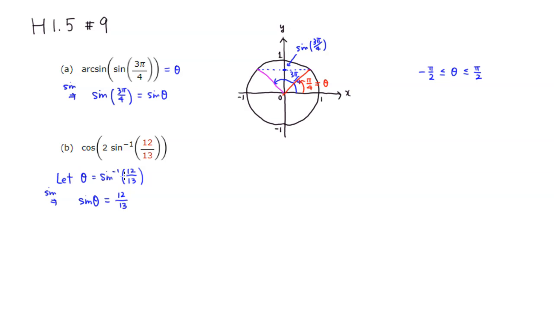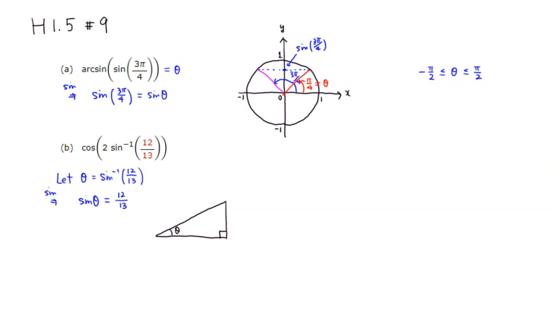We can draw a right triangle based on this ratio. Just a generic right triangle, and the angle here is, let's say, theta.